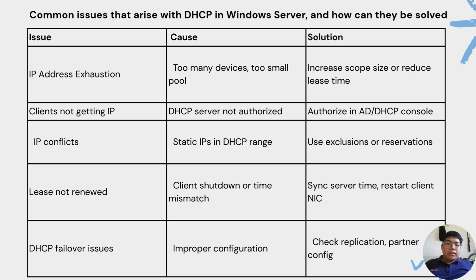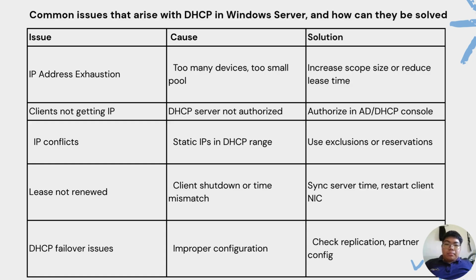The solution is to increase the scope size or reduce the lease time. If clients are not getting an IP, the DHCP server might not be authorized, so we need to authorize it in the AD DHCP console. For IP conflicts, caused by static IPs in the DHCP range, use exclusion or reservation to prevent conflicts.